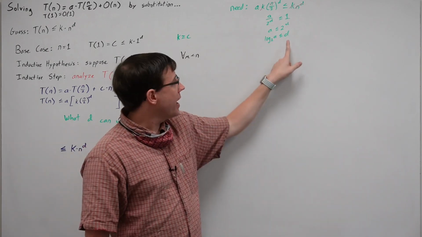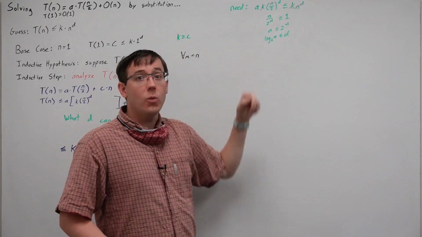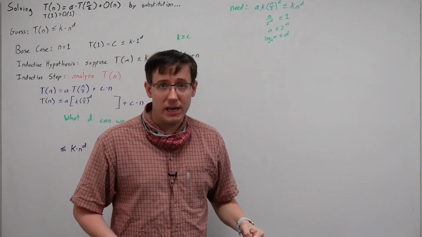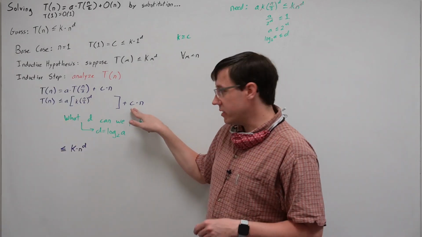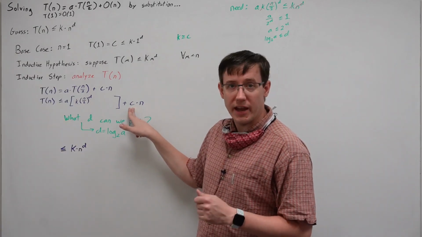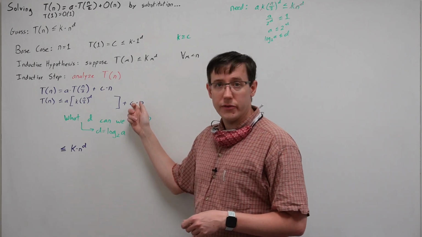And so, as long as d is at least the log base 2 of a, we get the upper bound that we need. But there's a problem, which is that we haven't yet dealt with the plus c times n term. So we need to somehow account for this.